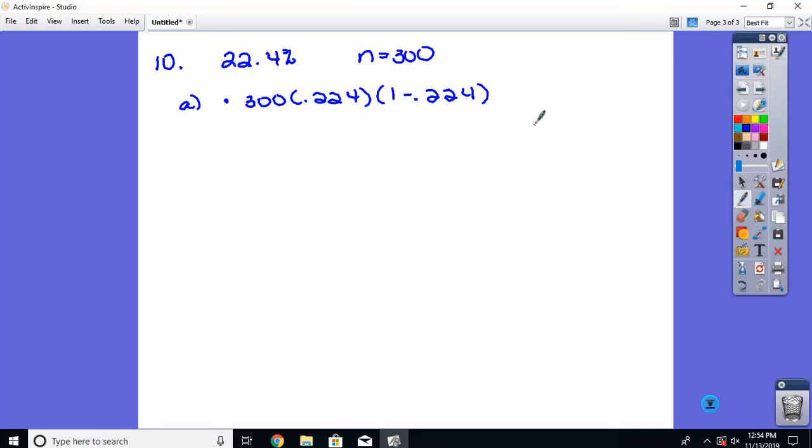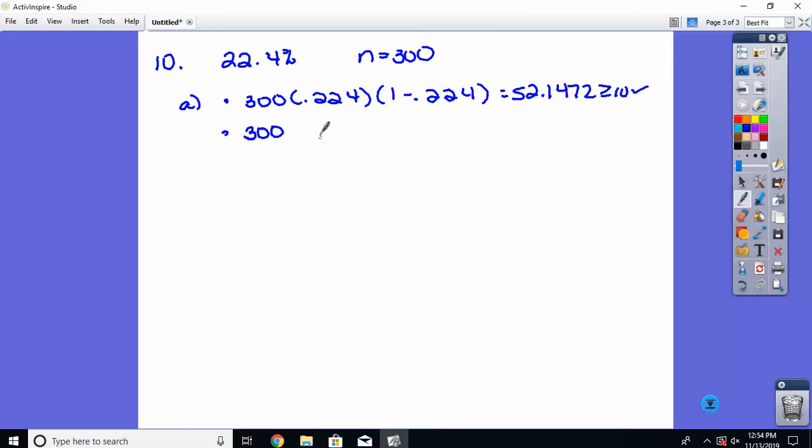So if I do that, that's 52.1472, so that is most definitely greater than or equal. Second criteria, your sample has to be less than 5% of the entire population.